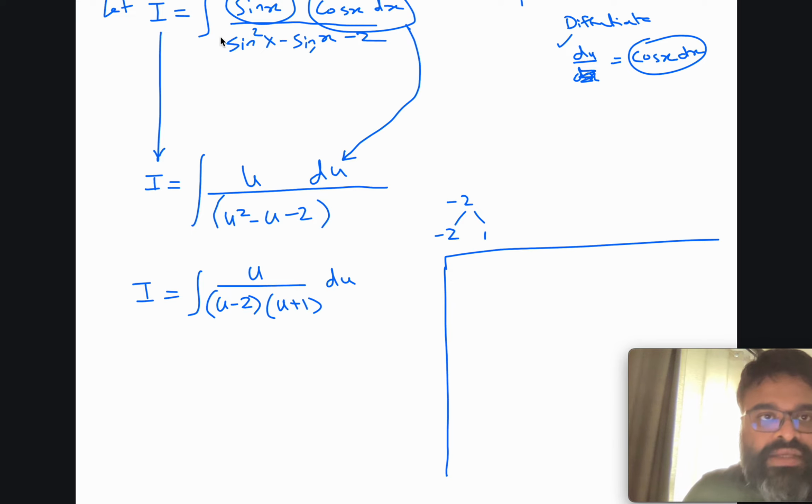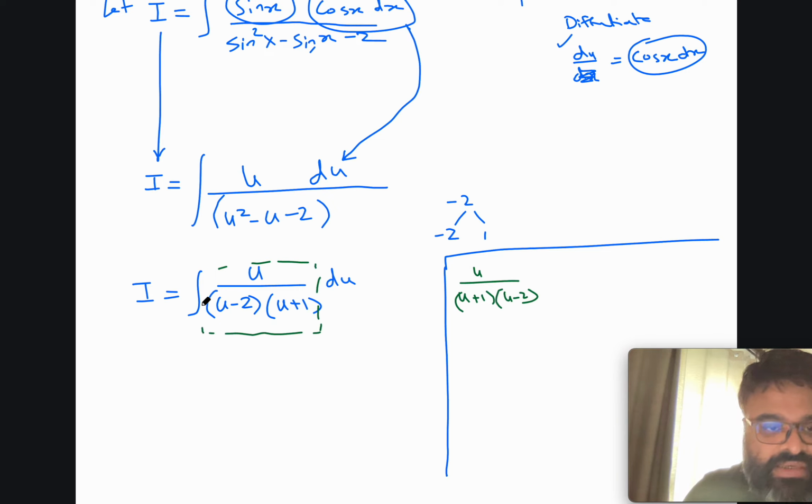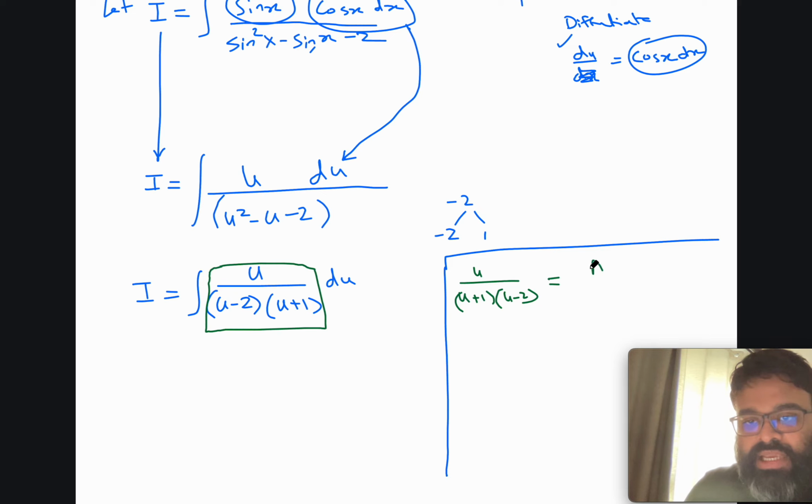So you have u over u plus 1 times u minus 2. This is a over u plus 1 plus b over u minus 2.